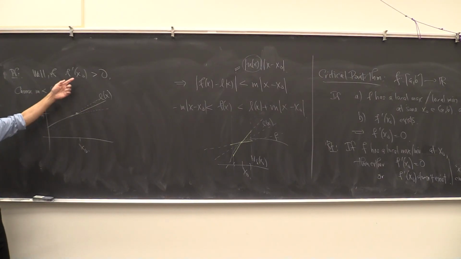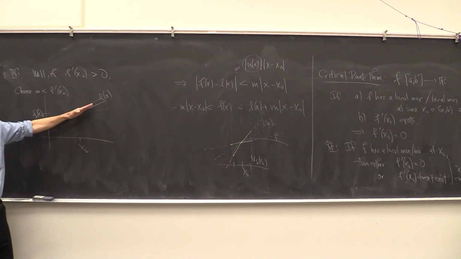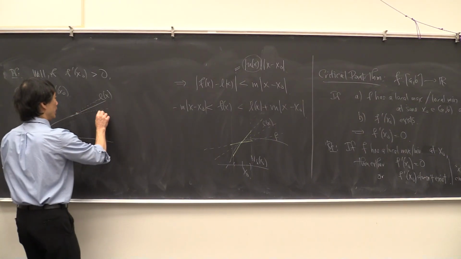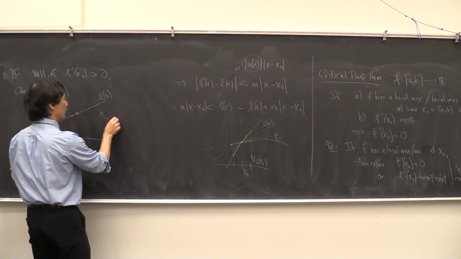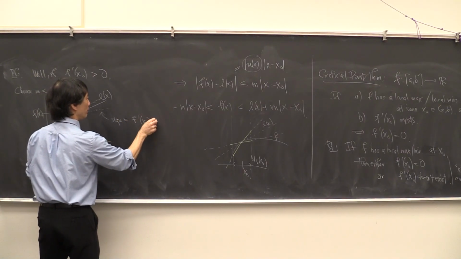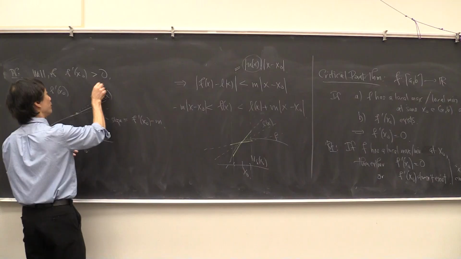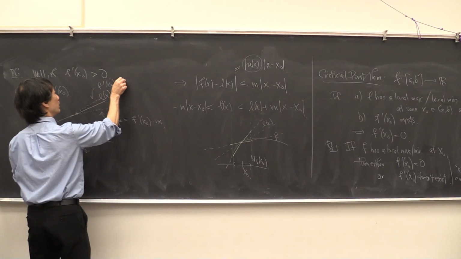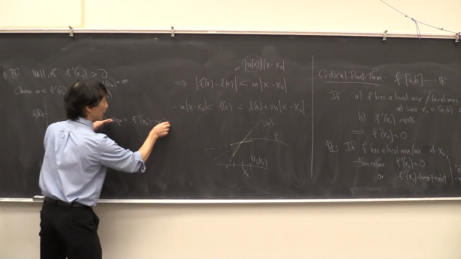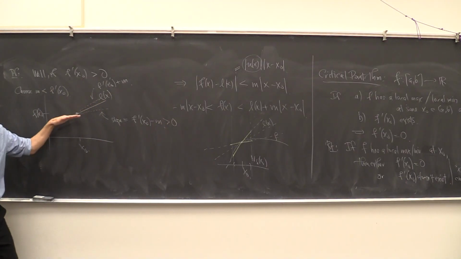Because I'm going to take that slope and subtract: the slope of this thing is f prime x naught minus m, and the slope of this guy is f prime x naught plus m. I don't care about that guy, just the lower guy. The slope of the lower guy is positive.